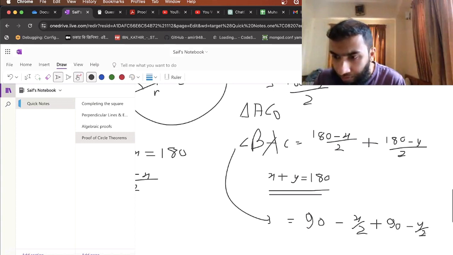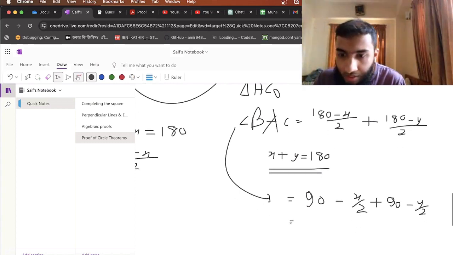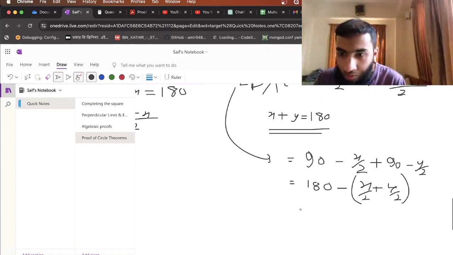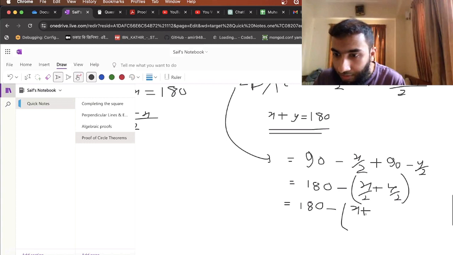So what is this angle? If we add 90 and 90, we get 180 minus, and if we take a common factor, it says x by 2 plus y by 2. So we can write this as 180 minus x plus y by 2.